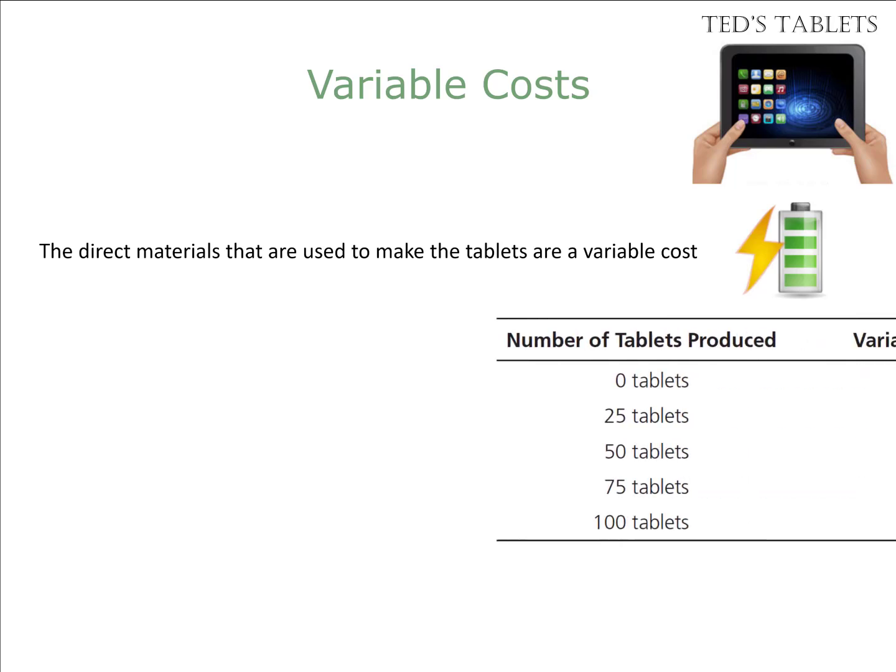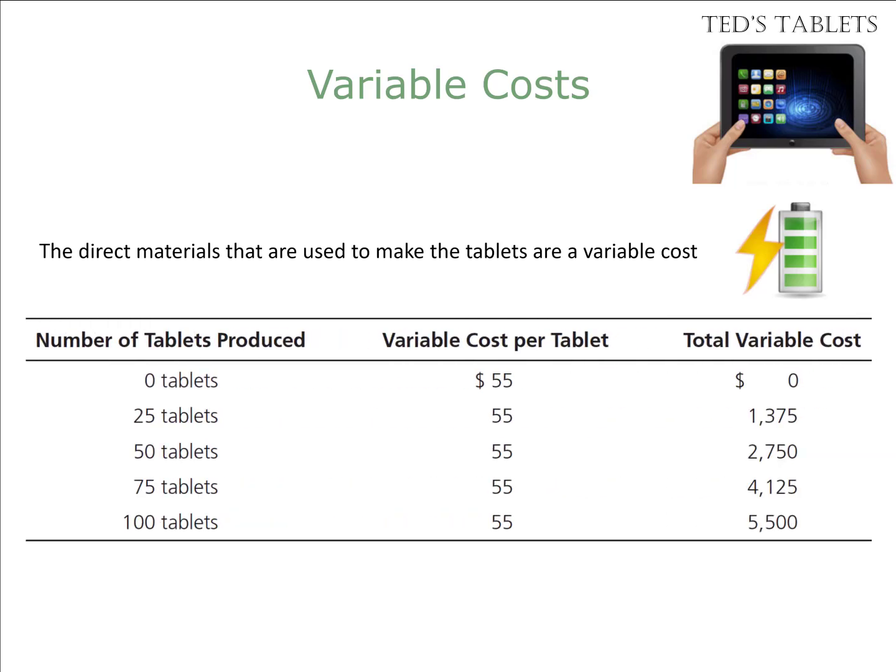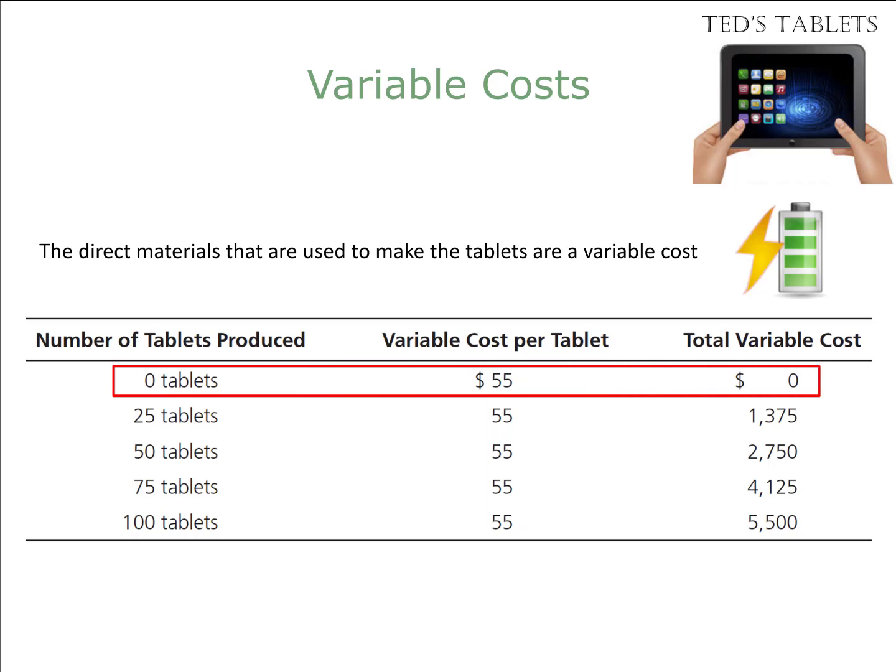Now let's look at a chart that shows the costs for batteries at various levels of production. We'll assume each battery costs $55 per battery. So if TEDS Tablets produces 0 tablets, they have 0 variable costs for batteries.